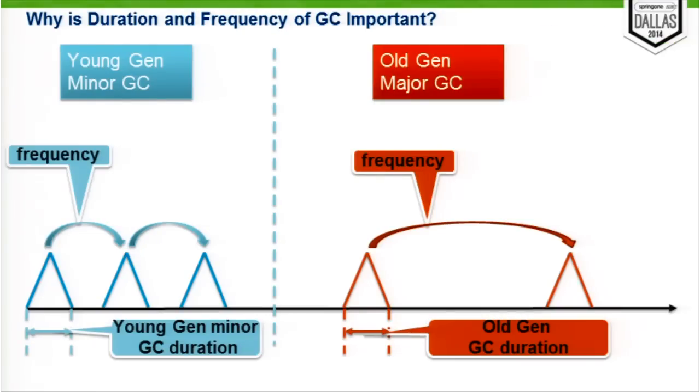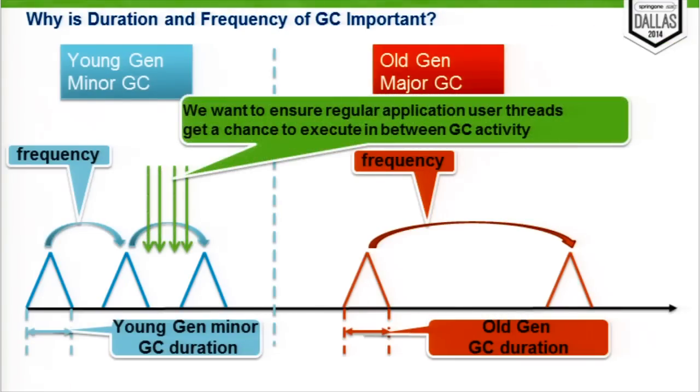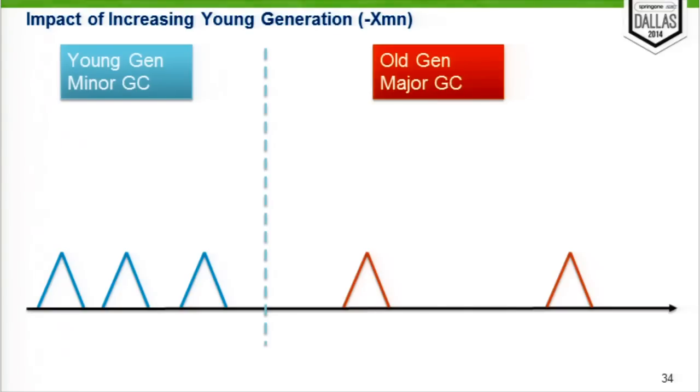Okay, so we talked about measuring the duration and frequency. So let's actually apply it. So what is the impact? Here I have a situation. I have 3 minor GCs and I have 2 full GCs in old generation. I'm going to say that I need to get rid of one of these, right? Let's increase the young generation.